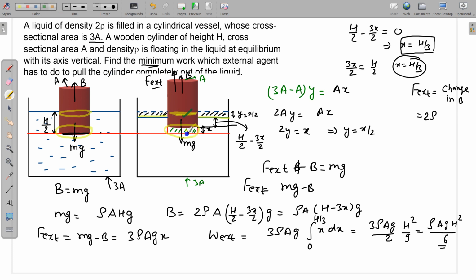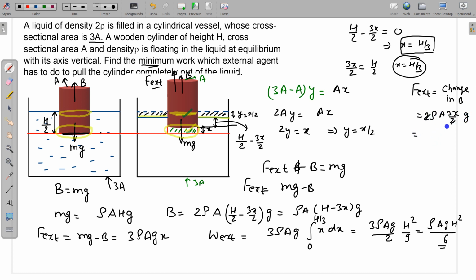For this region the volume will be a into x by 2, and for this region the volume will be a into x. So the total lost volume is a times, here x by 2, here x, so 3x by 2. This is the total lost volume, and it is responsible for the change in buoyancy force.